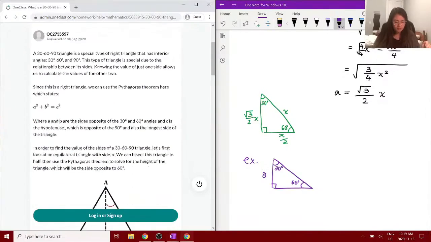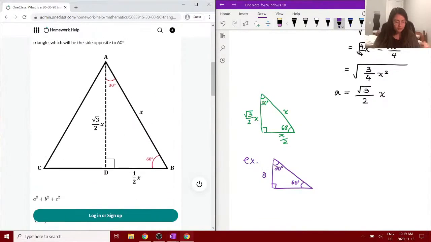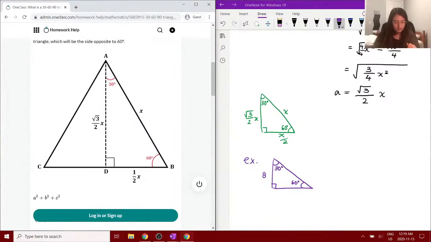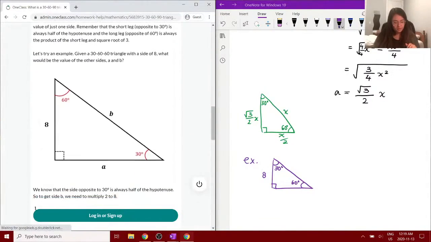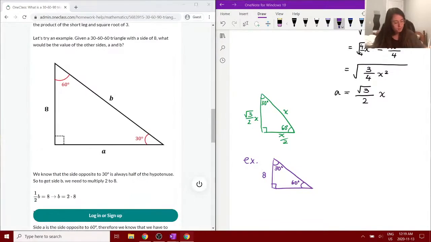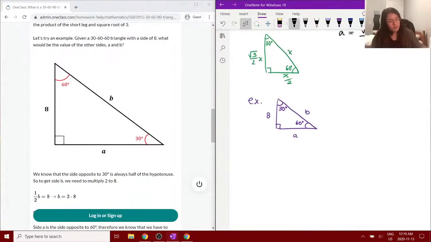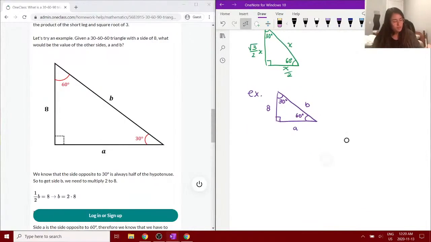I think this is part of the question. So here's our solved triangle that we found with Pythagorean theorem. And here is the example. Okay, so we have B and A. The only side that is given here is 8. But we can find out what B and A are just from the one given side.